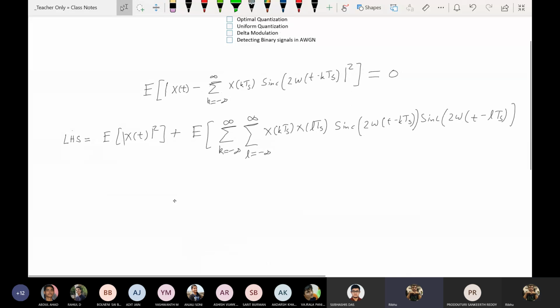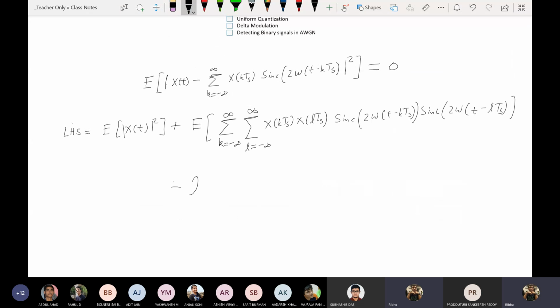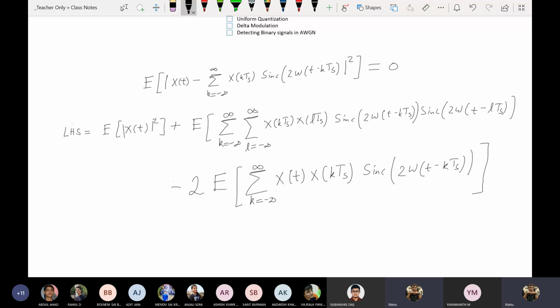Minus twice the expectation of summation k from minus infinity to infinity, X(t) X(kTs) sinc(2Wt minus kTs). This is fine.